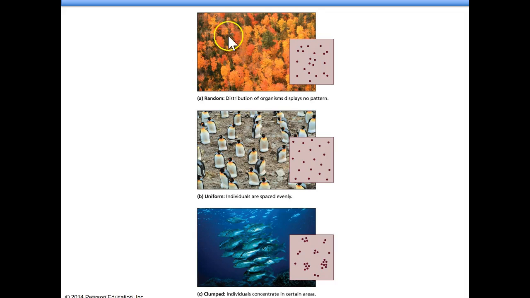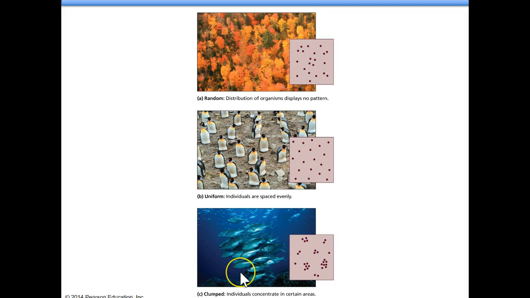We're seeing that there's really no particular pattern, especially if you're looking for the green trees in here, they're just randomly around. And then when we take a look at uniform, they have the penguins here, and you can see that there's a definite, uniform spacing between them.